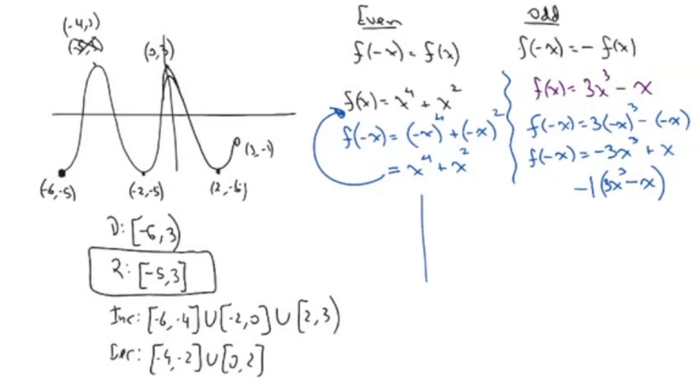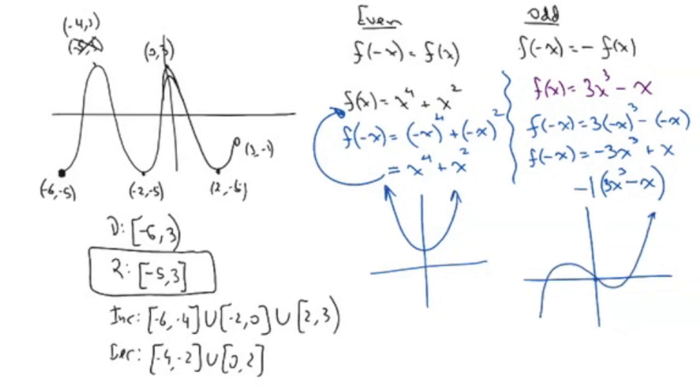If you're dealing with an even graph, it's generally symmetric with the y-axis. Parabolas are a good picture. You know, x squared plus 4 would be perfectly symmetrical with the y-axis. Odd functions, on the other hand, are symmetrical with the origin.